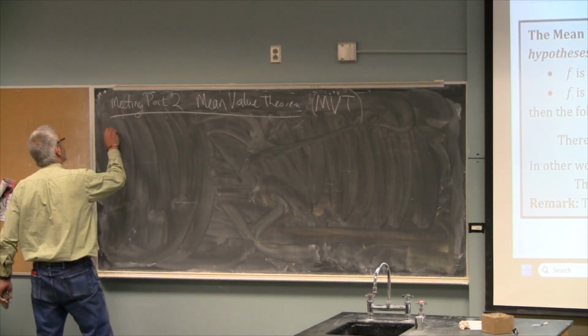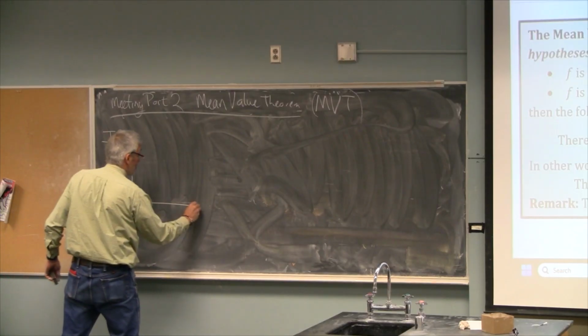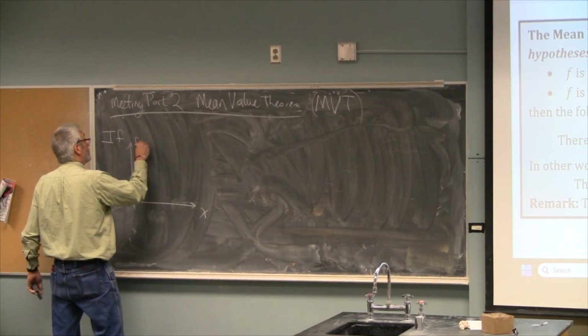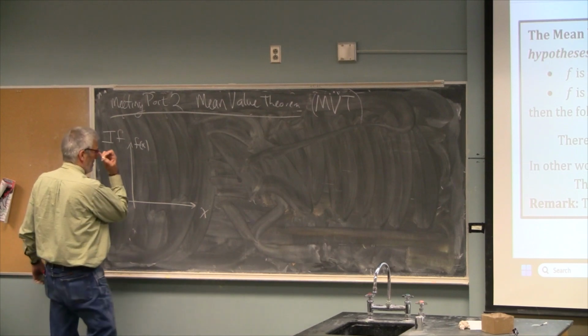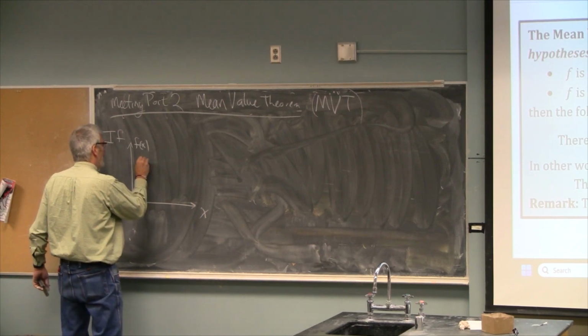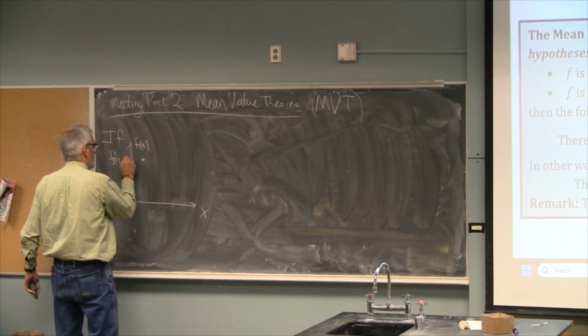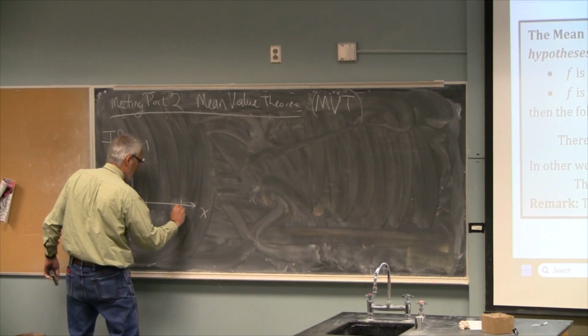If I have the function f of x, it does not have to have the same height at the endpoints. So I'm going to make this function maybe higher on the left end. But I have a closed interval.